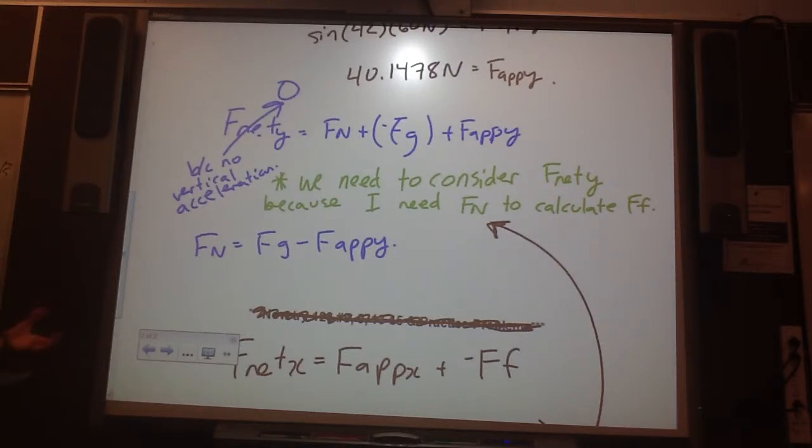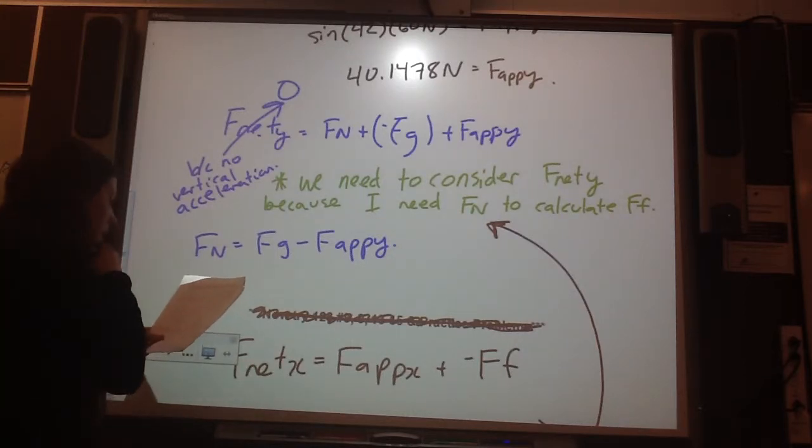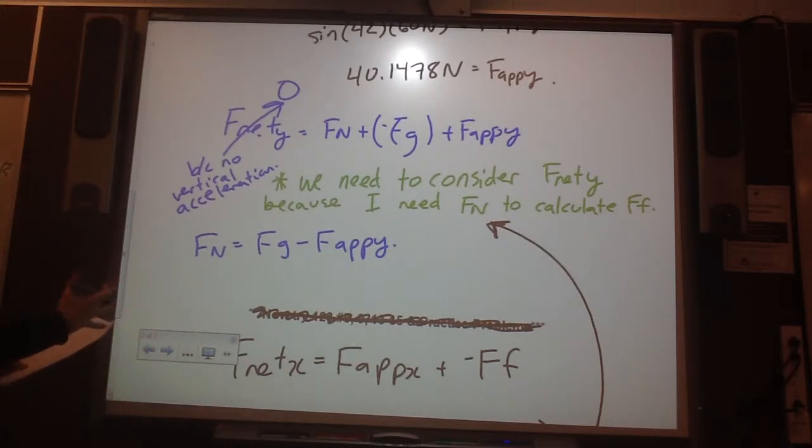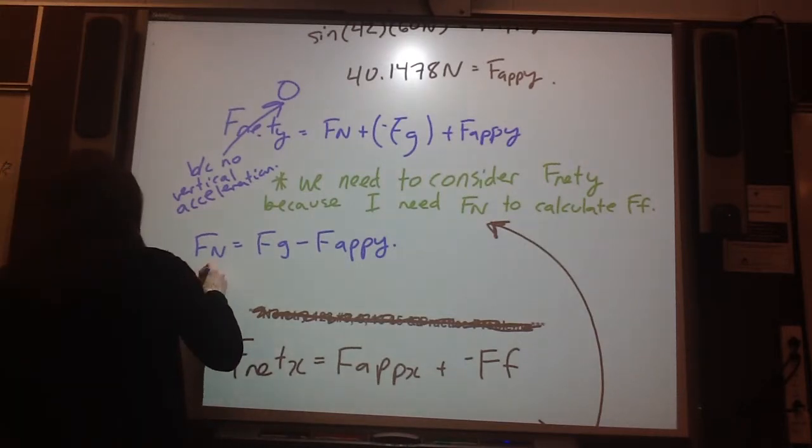Normally, it would just be Fn is equal to Fg. That's why this is a different scenario. So now I'm going to substitute in for what I know Fg is and what I have for F_app y.